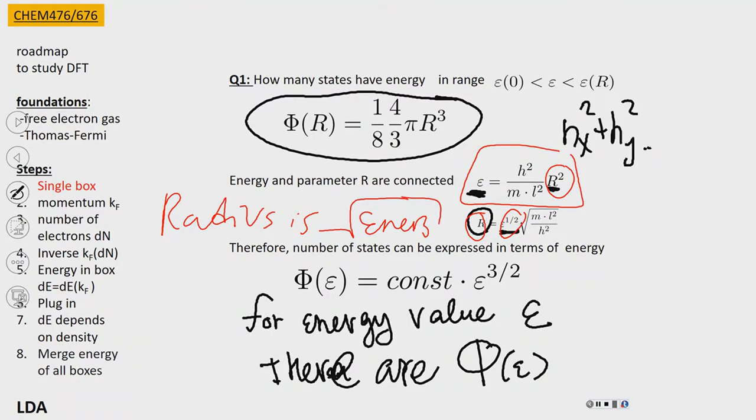It is just a consequence of our universe having three spatial dimensions. So if you have threshold energy to the power 3/2, it will be the number of states with such energy. Okay?